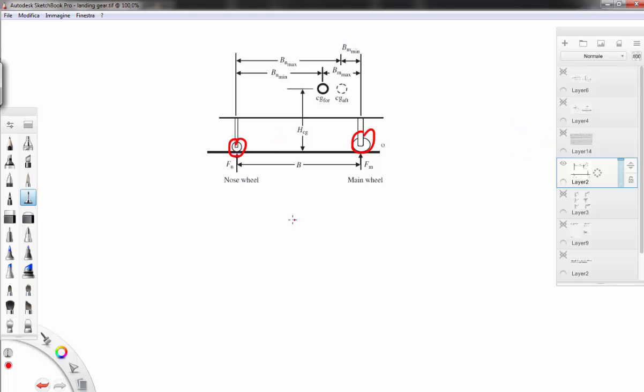The formula we will use is this one. The force on the nose is the weight of the aircraft times B min or B max over the base.